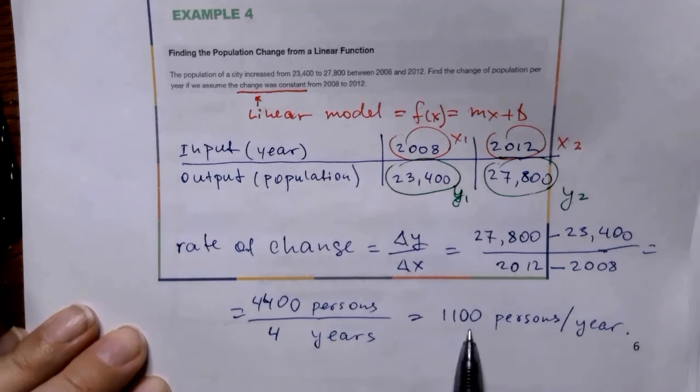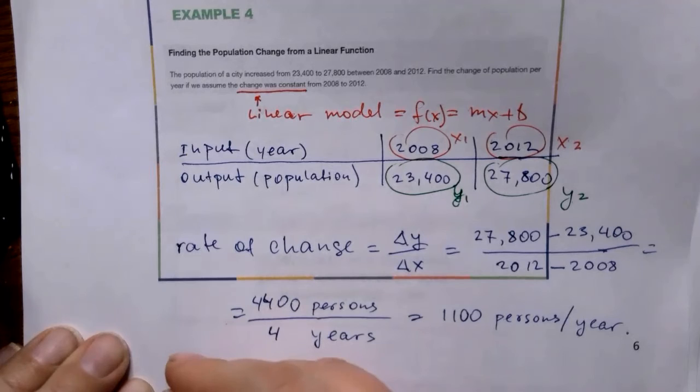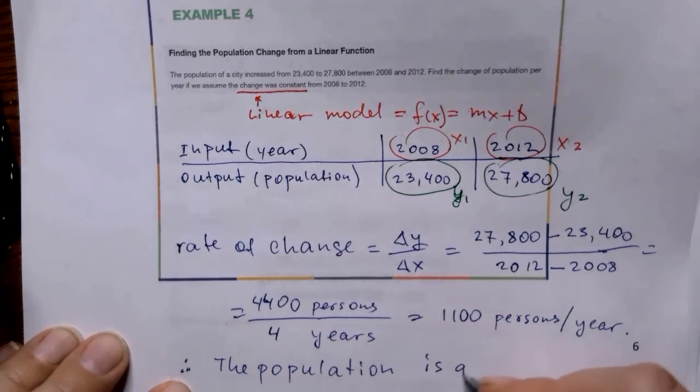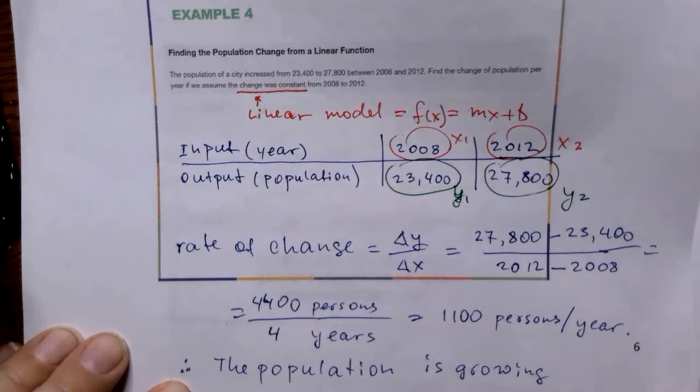Since we got a positive value, we're going to say that the population is growing, or increasing. And if we want to be really fancy, and I don't have room here to write it down, you would say it's growing at the rate of 1,100 persons per year.